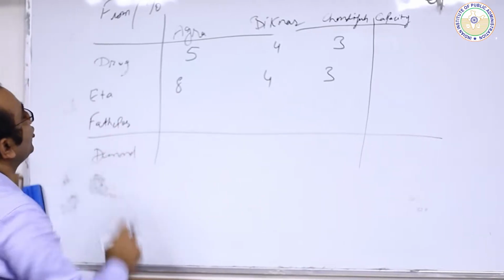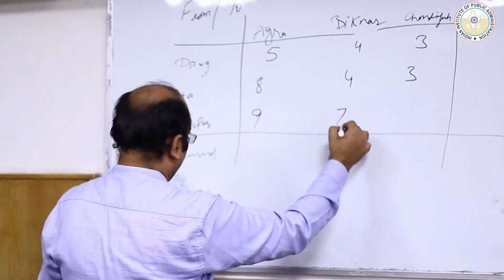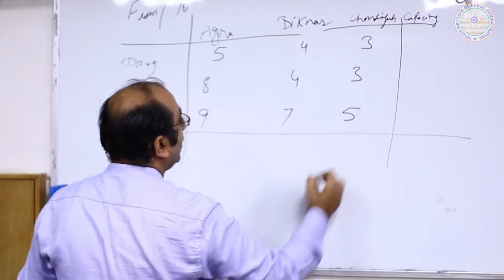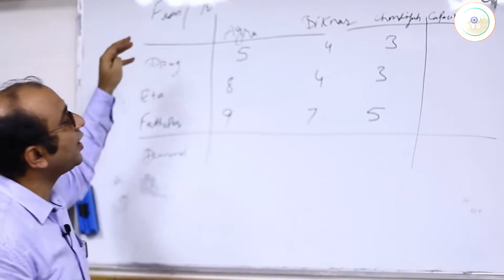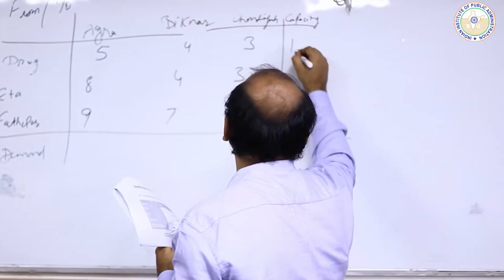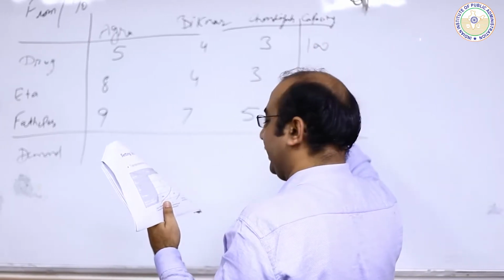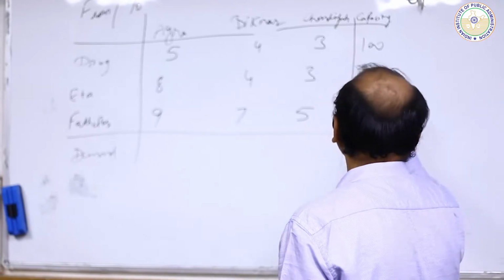And from Fatehpur the costs are 9, 7 and 5 to Agra, Bikaner and Chandigarh. The total capacity available at the Durg unit is 100, at Etah it is 300, and at Fatehpur it is 300.